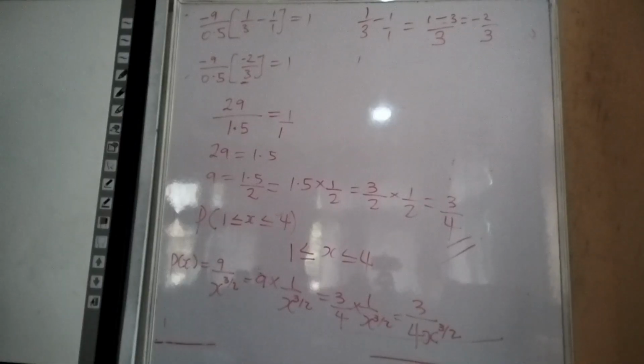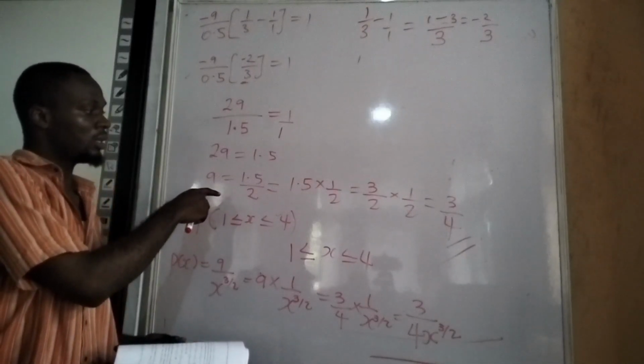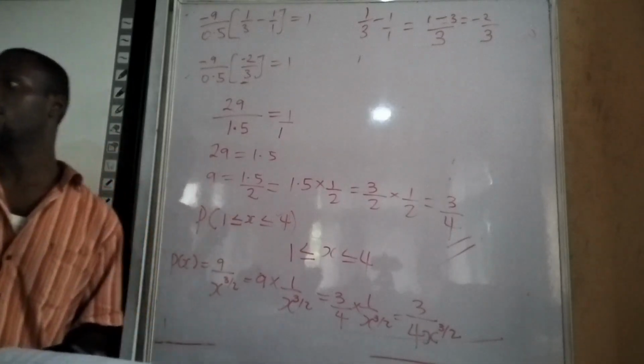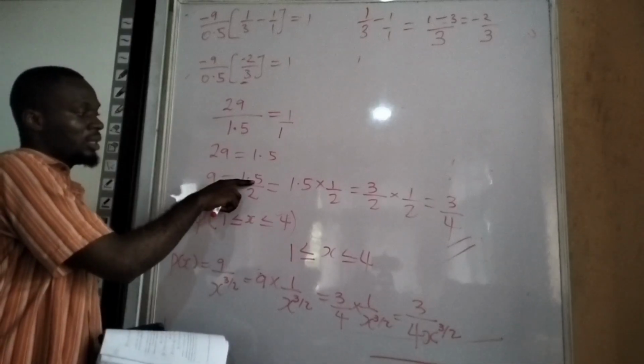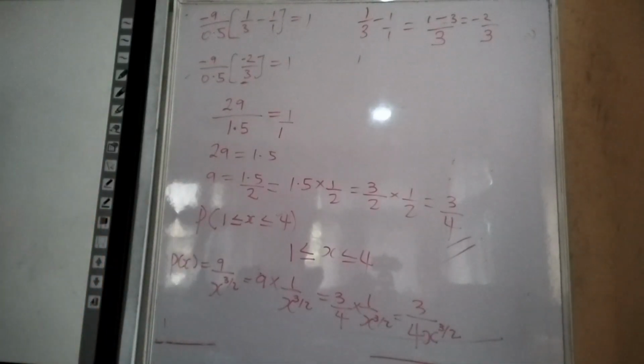You multiply by 2 and 2, and you get 3 over 4. Why is that? Because of that minus half, you bring it as minus 2 outside.